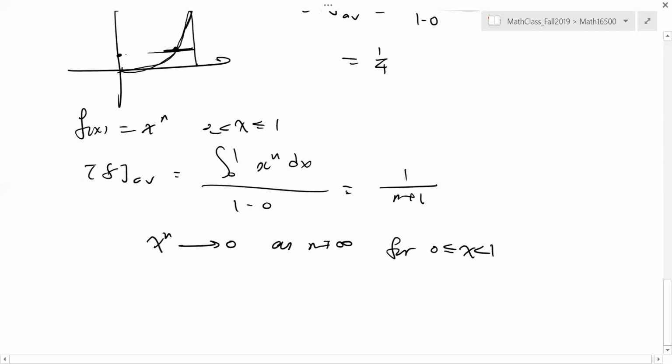Here is the original, then you have the second one, then the third one, like that. It collapses to the x-axis.